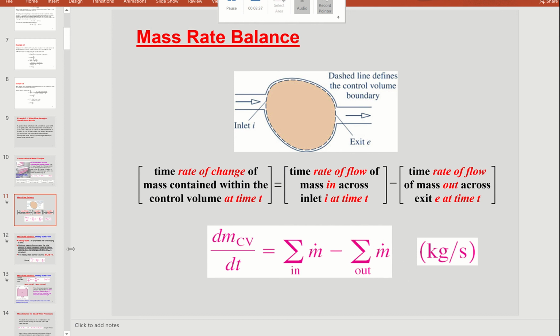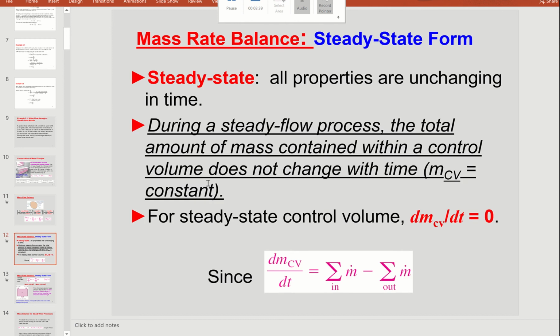Then we come to another concept called steady state, or steady flow. Steady flow means the property, for example the mass, inside this control volume does not change. The mass stays constant inside this control volume, even though there is mass flow rate coming in and also going out.